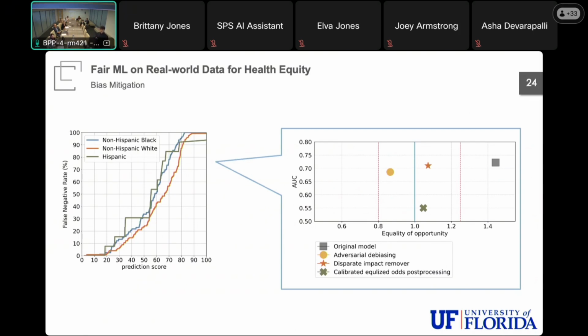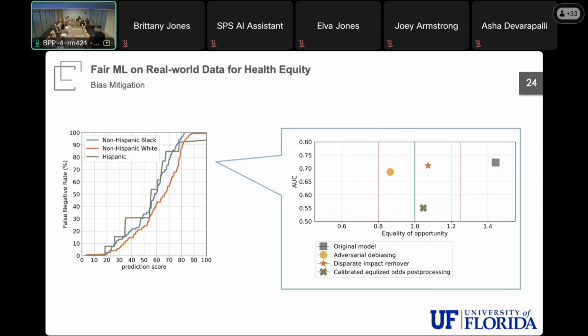The false negative rate of white people is better than the others, so we need some mitigation techniques to reduce the bias. The change of performance is shown on the right side.